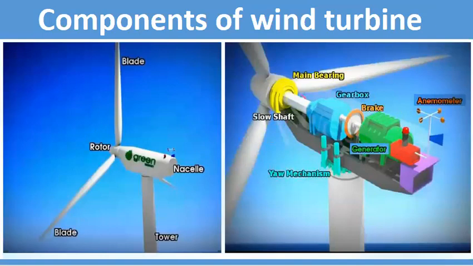Conventional horizontal axis turbines can be divided into three components: the rotor, which is approximately 20% of the wind turbine cost and includes the blades for converting the wind energy to low speed rotational energy.